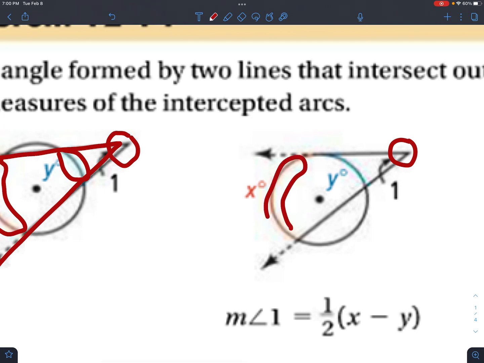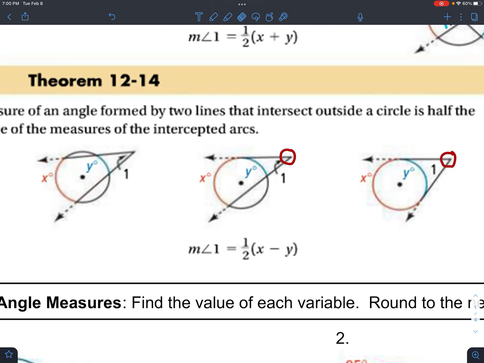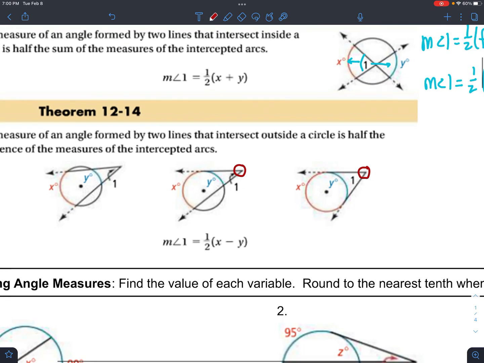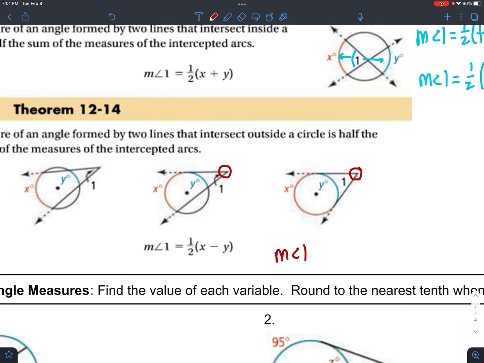There's 2 arcs. There's one here and there's one here. And that's true in all of these pictures. They've labeled them with X and Y. And we have a really nice theorem that the measure of angle 1 is 1/2 of X, which is the far arc, the far away arc, minus Y, which is the near arc.